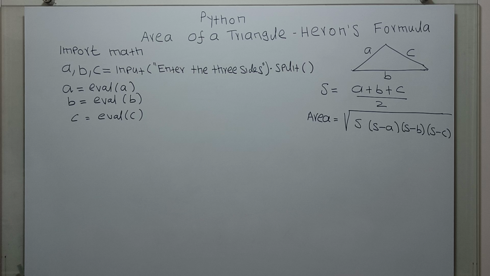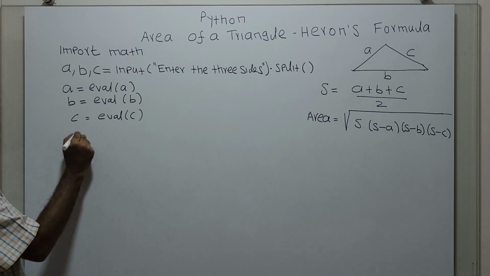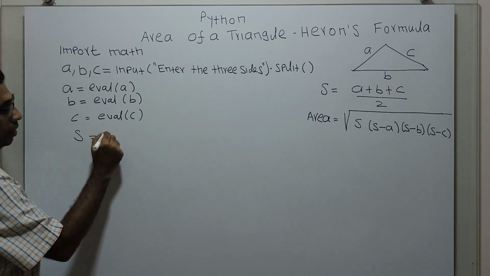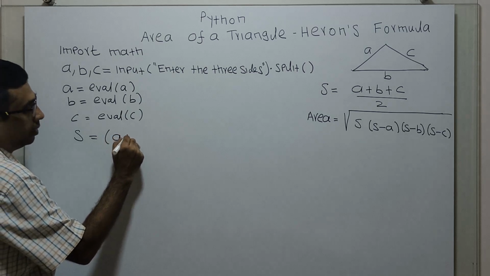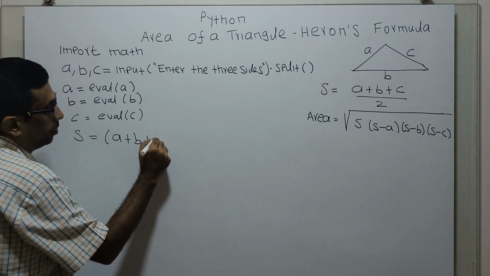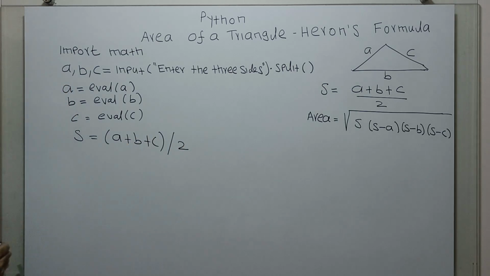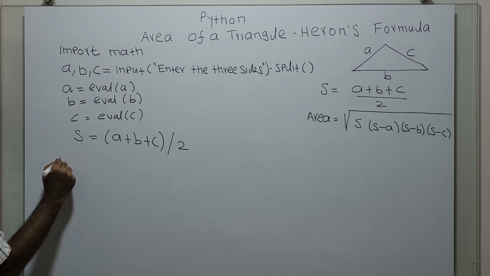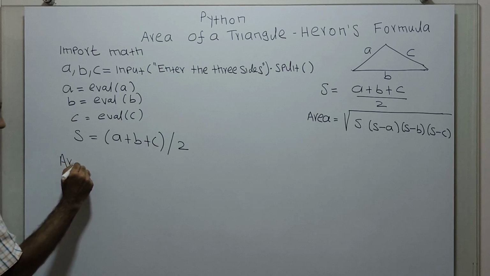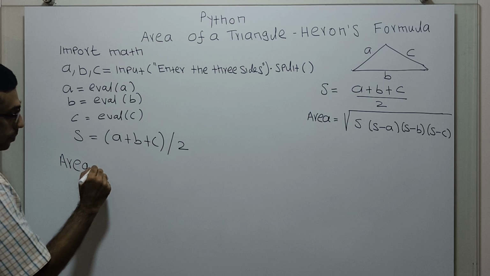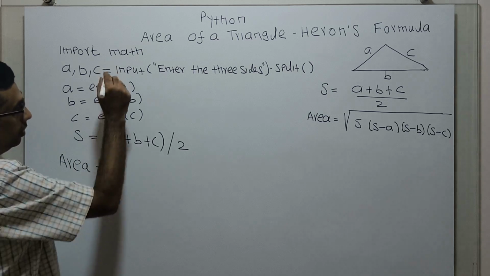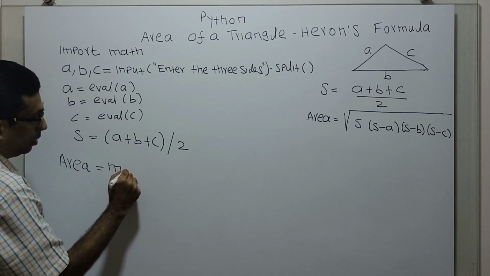Now we have to find the semi-perimeter, S equal to A plus B plus C divided by 2. Now, to calculate the area, area equal to math module.